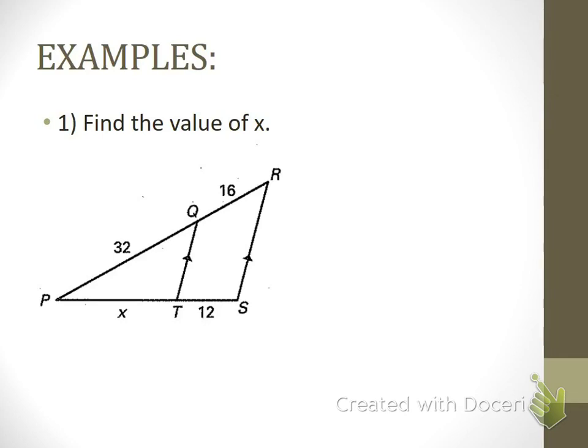We are asked to find the value of x. How do we know that we have some parallel sides here? Yep, those little arrow triangles tell us that we've got parallel sides. They did flip it on its side so it doesn't look exactly like that diagram from our notes above, but that's fine. Same situation.